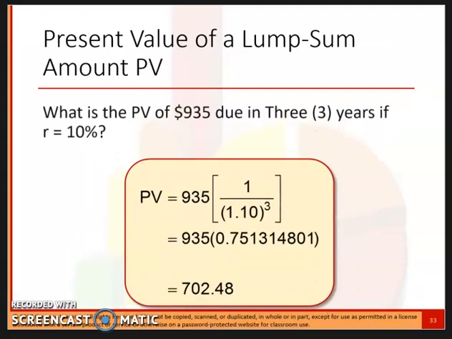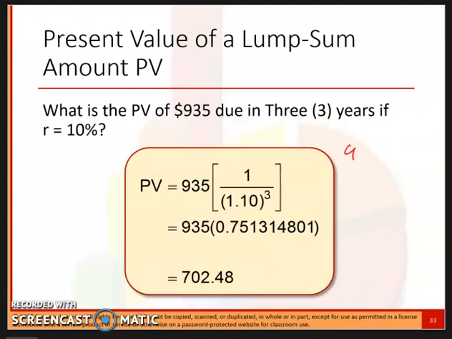But with our example, we take our $935 and divide it by 1 plus the interest rate to the third power, and we would get $702.48. If you wanted to use a formula in this case, you would use the y to the x key, which is above the 9. This would be 1.1 y to the x 3 and equals.